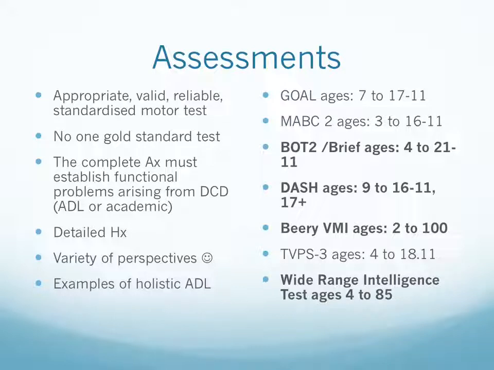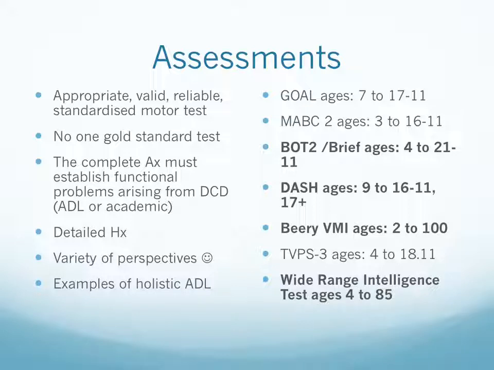At the top we've got the GOAL, which is a fantastic assessment developed by Lucy Jane Miller in the States. It's valid from age 7 to 11 months. It's a great occupational therapy assessment because it's really functional.